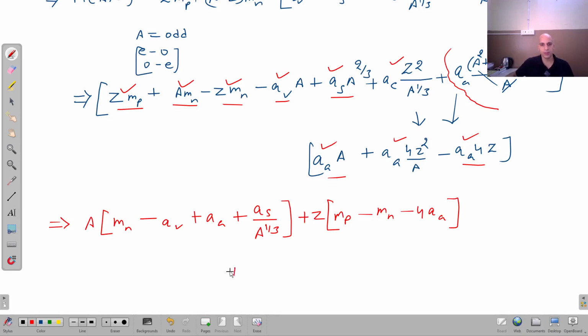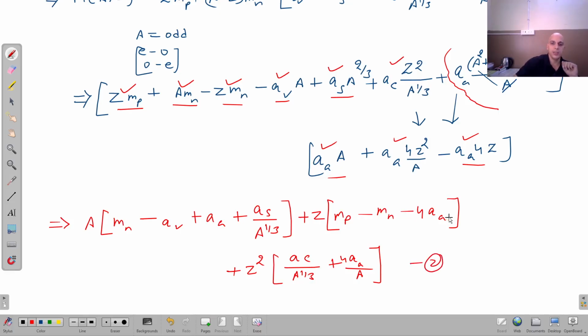So I will get plus Z square, bracket, Coulomb energy term divided by A power 1 by 3 plus asymmetry energy term, this is 4 times the asymmetry energy term divided by A, right. So this is equation number 2.